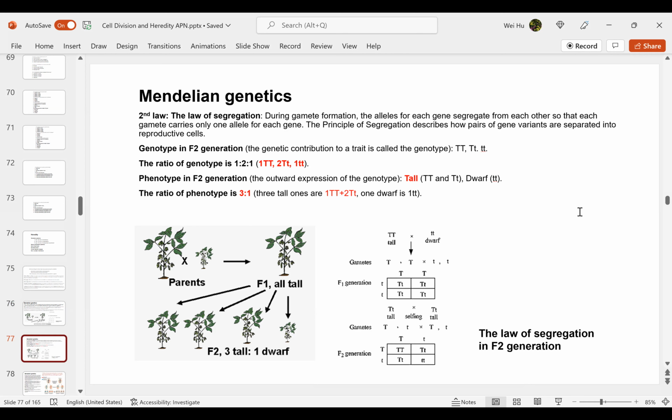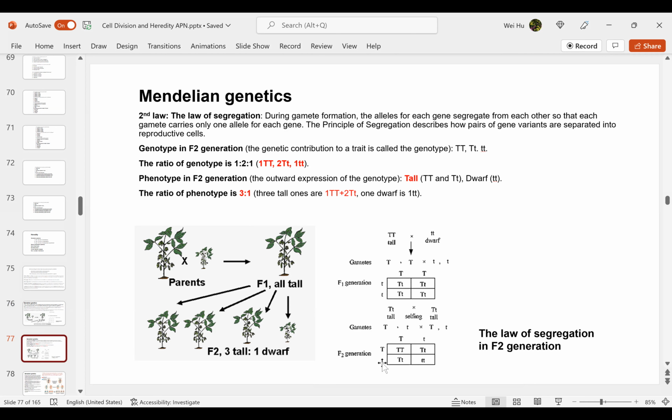Therefore, you don't have two, you have one when they are doing fertilization. We already know that your first generation is big T, small t. Then for your second generation, you use this first generation, big T, small t crossed with big T, small t. So then you get this F2 generation.